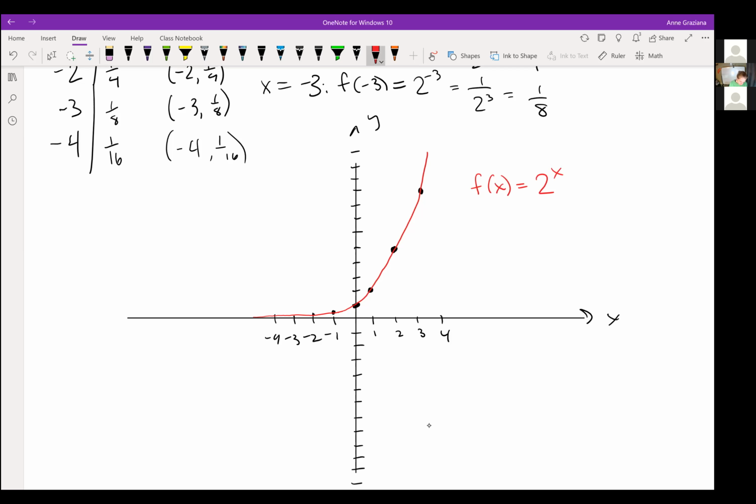Now, it's important to know that this here rides along the top of the x-axis but never crosses.